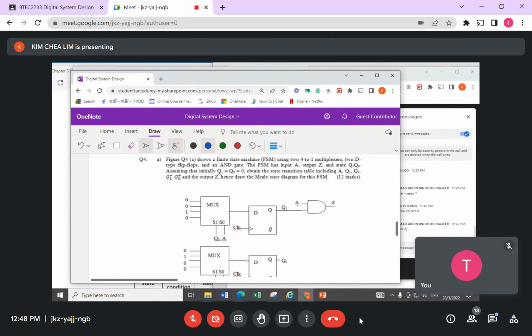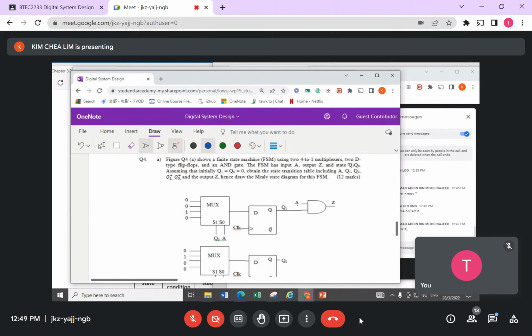Assume that initially these two start from 0. It asks you to obtain the state transition table, including A, Q1, Q0, the next state of Q1, Q0, and the output Z. Then later, draw the Mealy state diagram for this finite state machine.